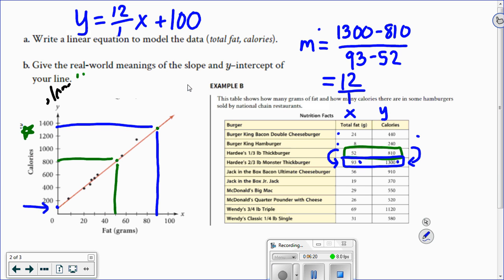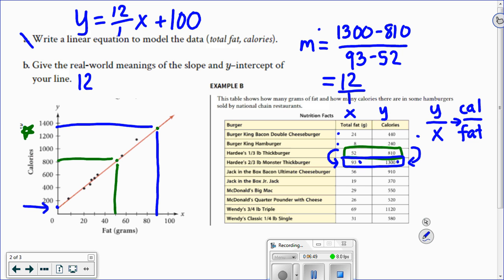Now we're not quite finished yet because we have these two questions. Well, A, we've already done, we've written our linear equation. They give the real world meanings of the slope and y-intercept. What does this slope mean? Again, slope is rise over run, or y per x. Well, y is calories and x is fat, so calories per fat grams. What does this mean for 12 over 1?